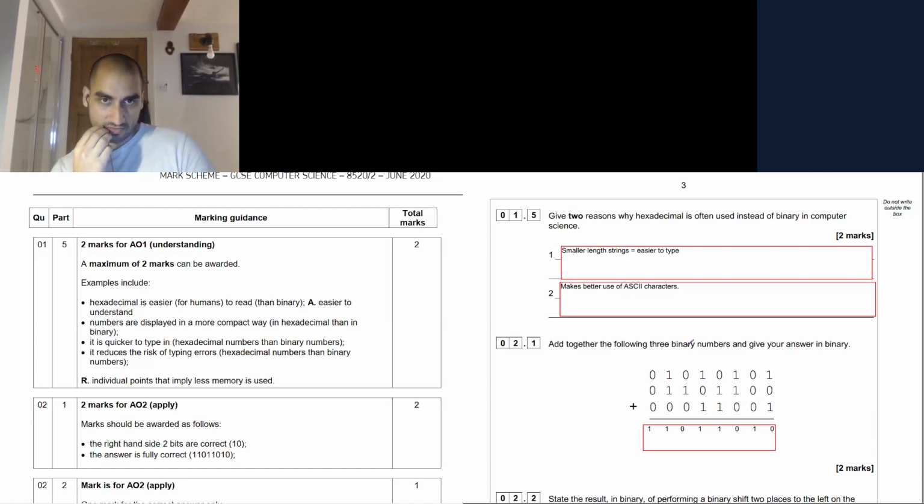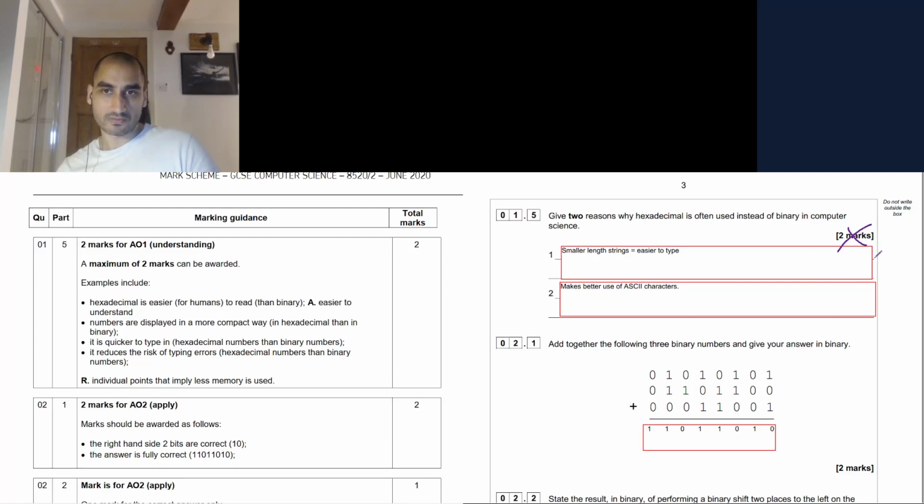Can I get 2 marks out of this? Well, I got 1 mark. Easier to type. Makes better use of ASCII characters. What I was getting at there was probably... okay, whatever. It's 1 mark.